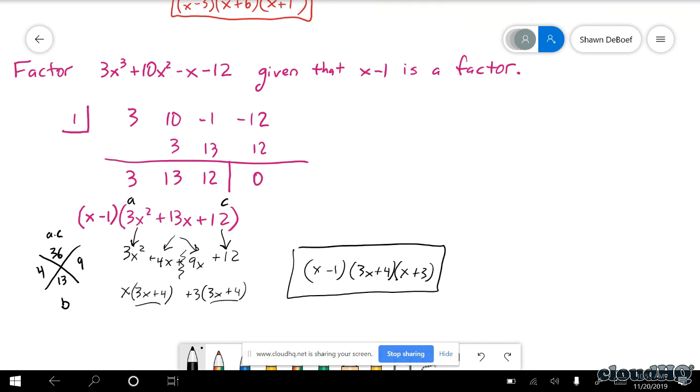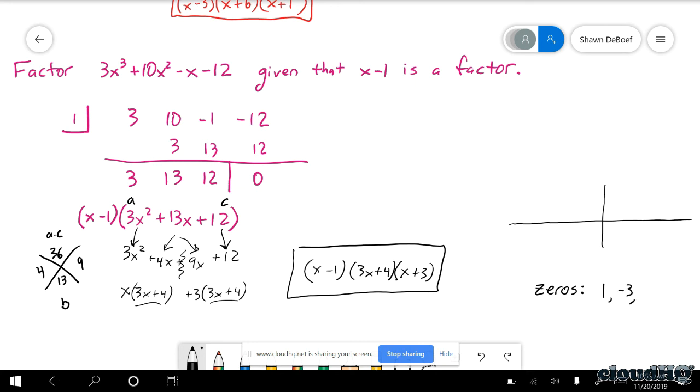What do factors give you on a graph? Factors tell you your x-intercepts. If I had to graph that one, what would the x-intercepts be? The zeros? We'd have a 0 at positive 1. We have one at negative 3.